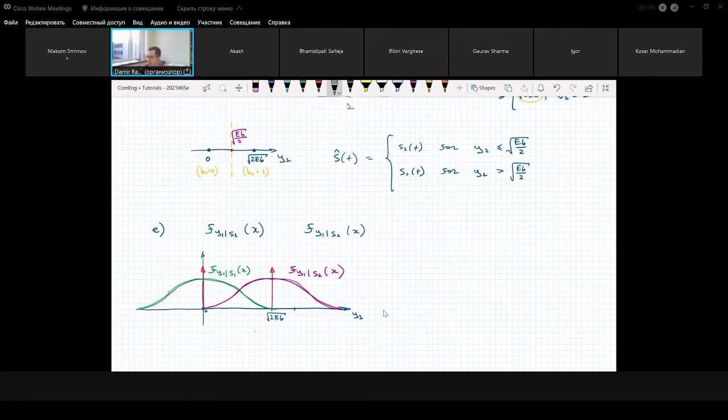Here we have to specify voltages, and we say that the width of the distribution is characterized by standard deviation sigma, which is nothing else but N0 over 2 under square root.